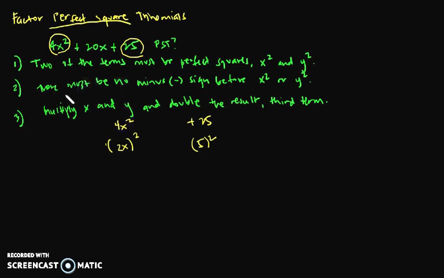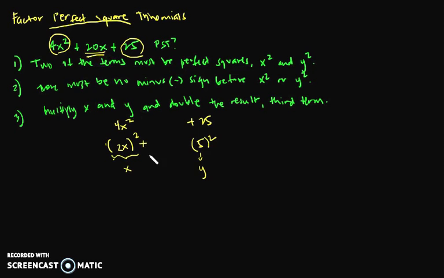Now number two, there must be no minus sign before x squared or y squared. As you can see, there's no minus sign, so that's good. Then number three, multiply x and y and double the result, that is the third term. So this is your x part, and this is your y part. If we multiply these and double the result, that must be the third term.